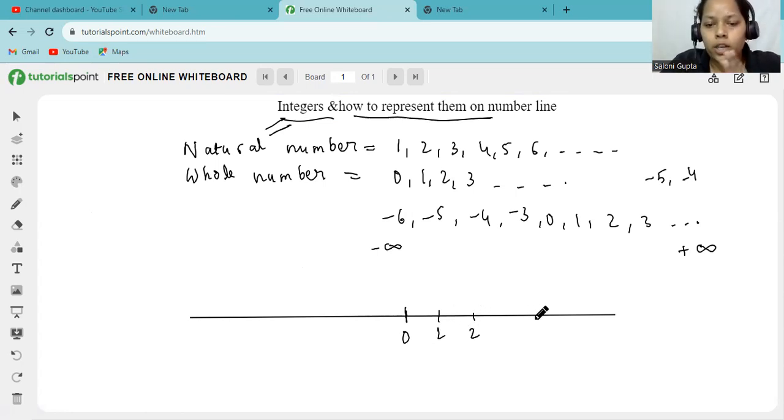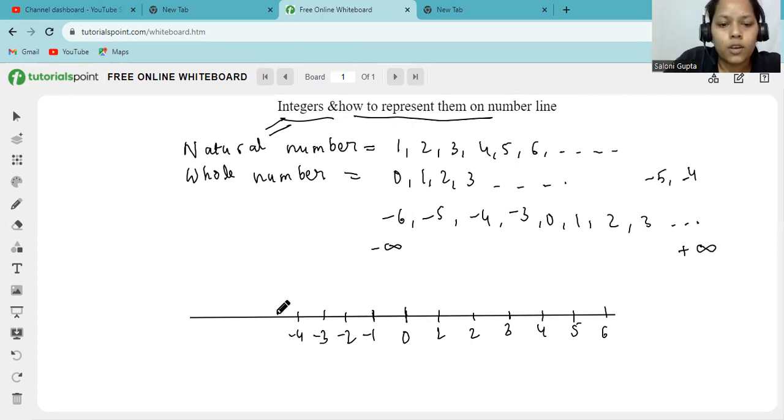There is no need to write a plus sign in front of that. We can simply write 1, 2, 3, 4, 5, 6, and so on. Then on the left it is -1, -2, -3, -4, -5, -6, -7, and so on.